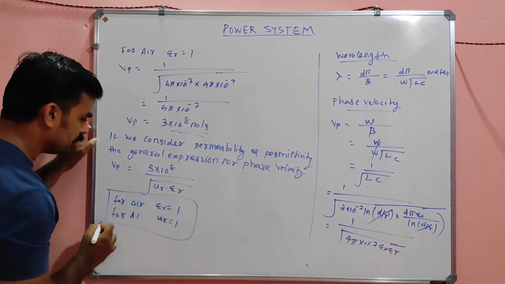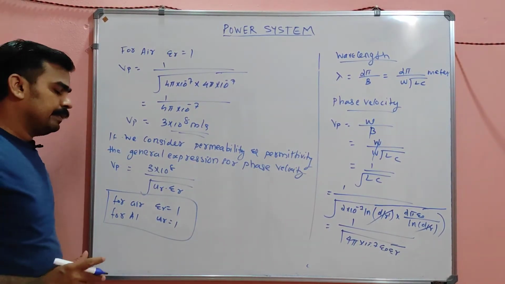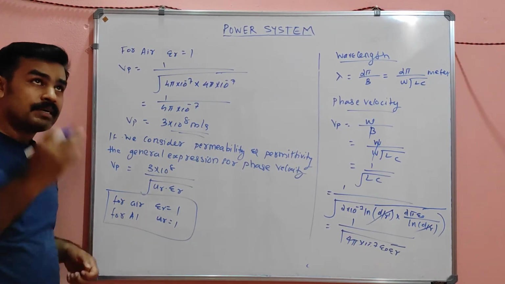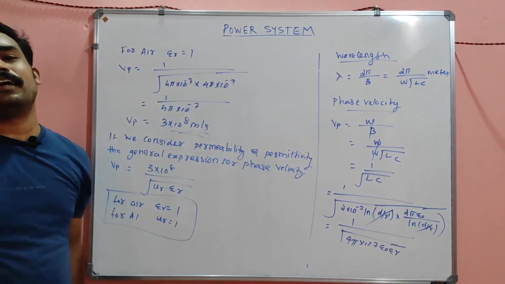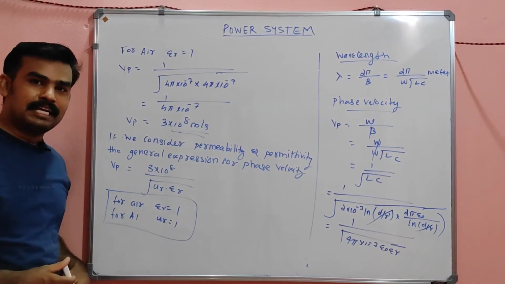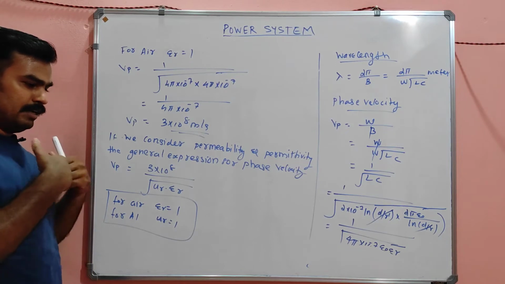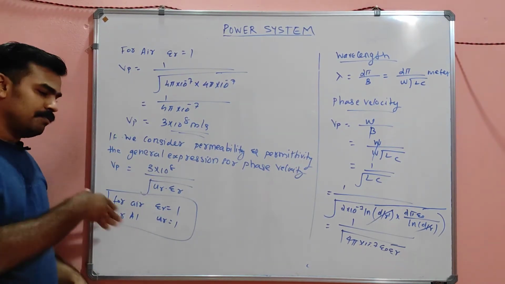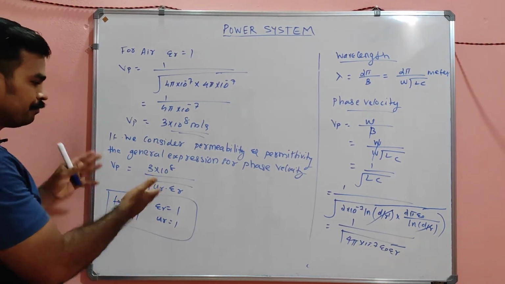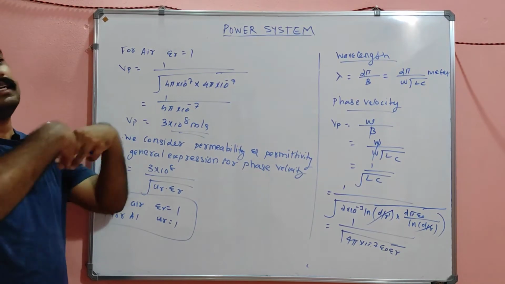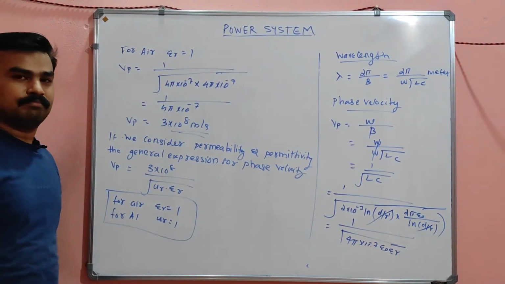It's very, very important. For air, relative permittivity epsilon r is equal to 1, and for the aluminium conductor we are using, relative permeability mu r is equal to 1. If you take iron or copper, it will be greater than 1, so the signal will not travel at very good speed and there may be some losses.